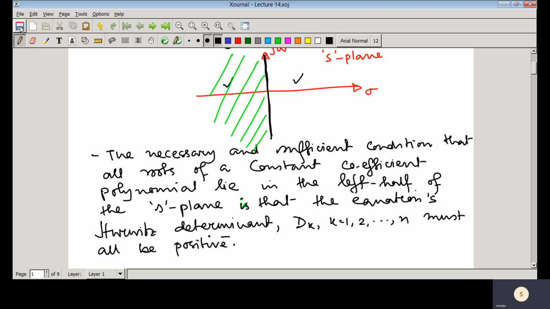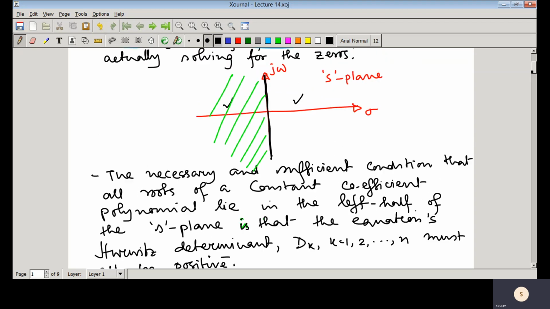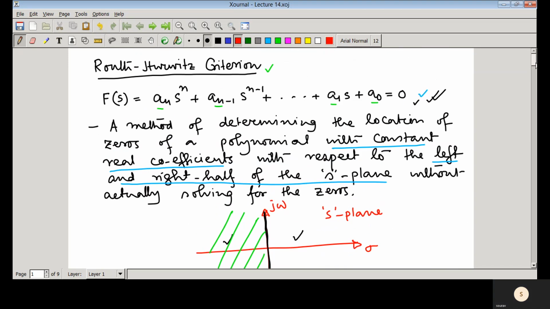So Hurwitz proposed one criterion, that is that necessary and sufficient condition, which is very important. That means whenever one characteristic polynomial is given, then we need to judge whether the roots of this characteristic polynomial are in the left half of that S-plane or not. Because for stability, all the roots should be in the left half of that S-plane.